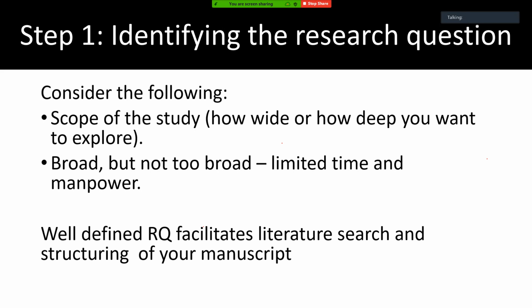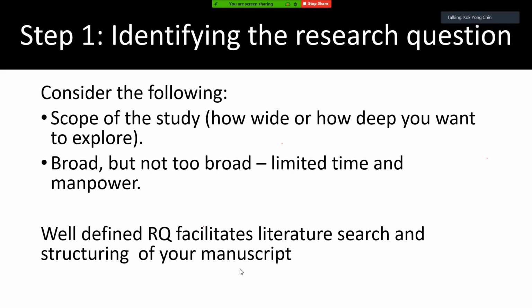For a scoping review, unlike a systematic review, you want a quite broad research question, but not too broad, because if you make it too broad, you don't have enough time and manpower to execute it. So something broad but not too broad. I'm going to give you some examples later. A well-defined research question, RQ, will facilitate your literature search and help you to structure your manuscript.